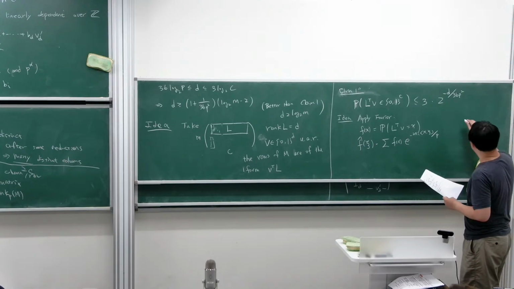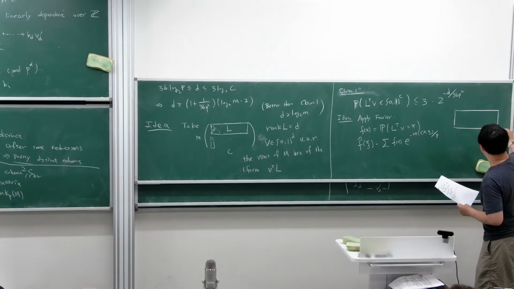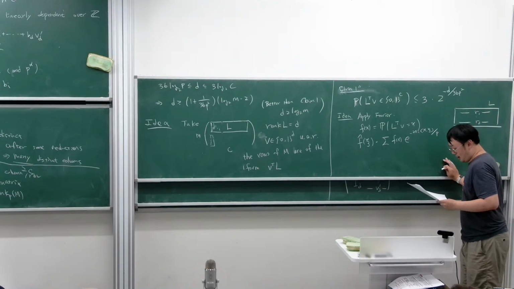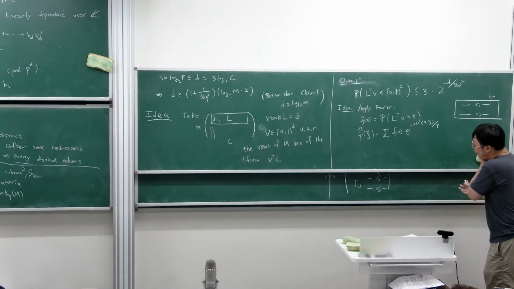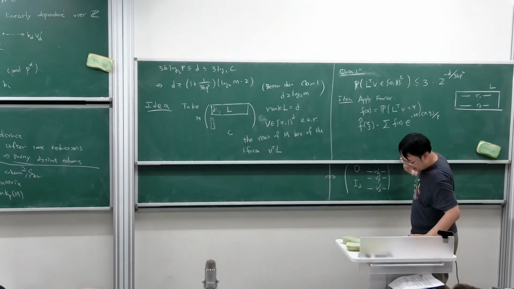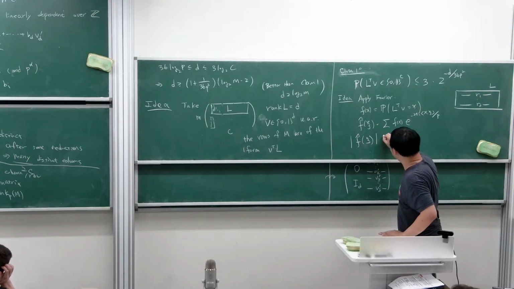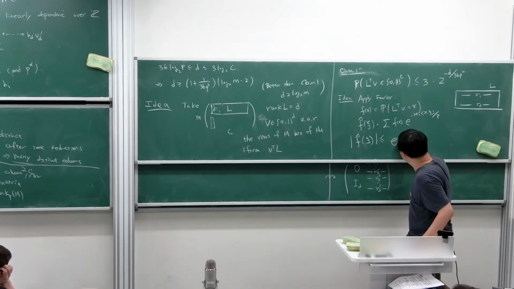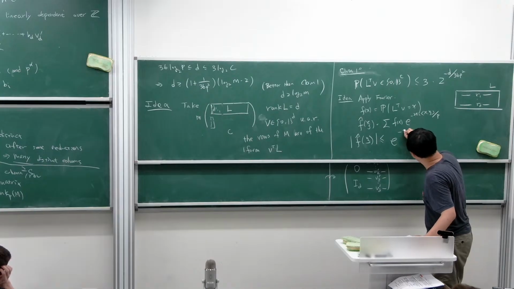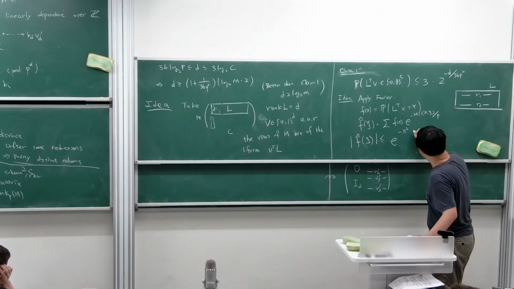And remember that my matrix L, this is r_1 all the way to r_d. And indeed, I'm skipping the calculation, but you can use some standard Fourier transform tricks to show that all the Fourier coefficients are upper bounded by the following quantity, e to the negative pi squared times sigma of c over 2p squared.